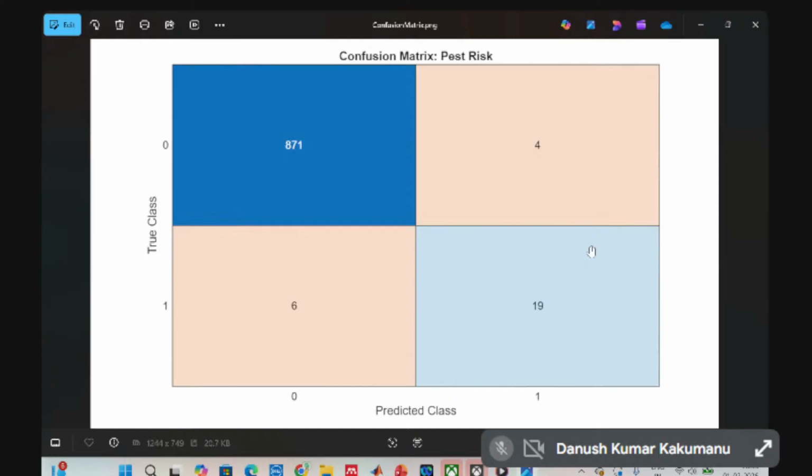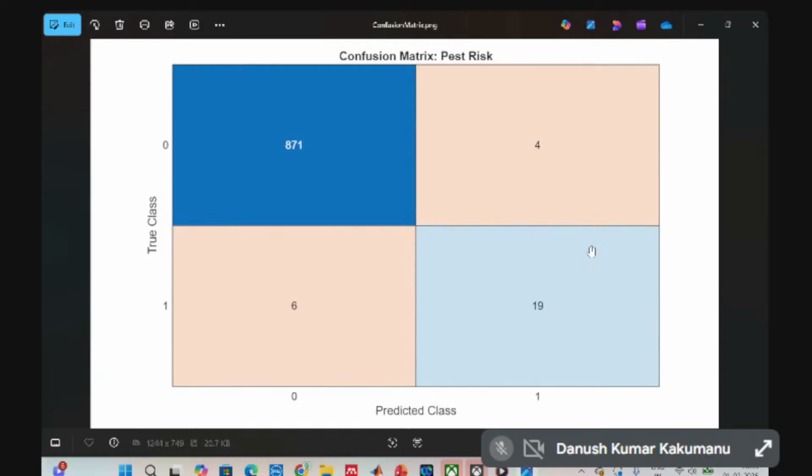Whenever we are predicting using machine learning models, we need to consider true positive cases and true negative cases, and at a time false positive cases and false negative cases. These all come under the confusion matrix evaluation. So whenever you include this, you will get a diagram like this, a graph for your model.